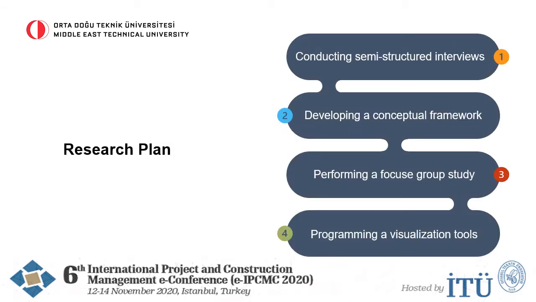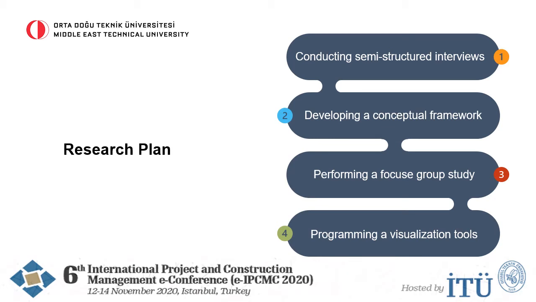The research plan of the in-progress parent study is set up on capturing the insight gained in past PPP projects, and it consists of 4 consecutive steps. First, semi-structured interviews will be arranged with experts who are involved in PPP projects. Then, considering the collected information during the semi-structured interviews, a conceptual framework that depicts the interactions of complexity and uncertainty related concepts will be developed.